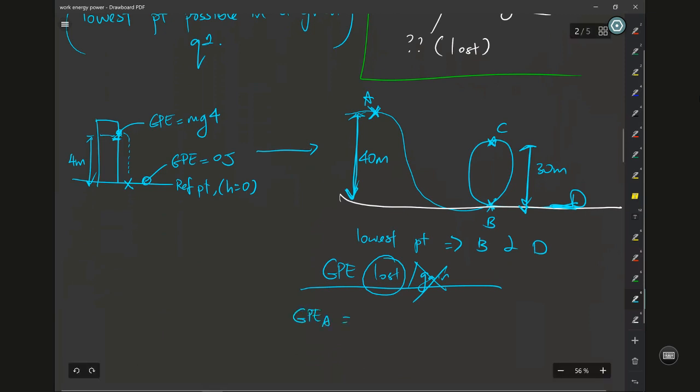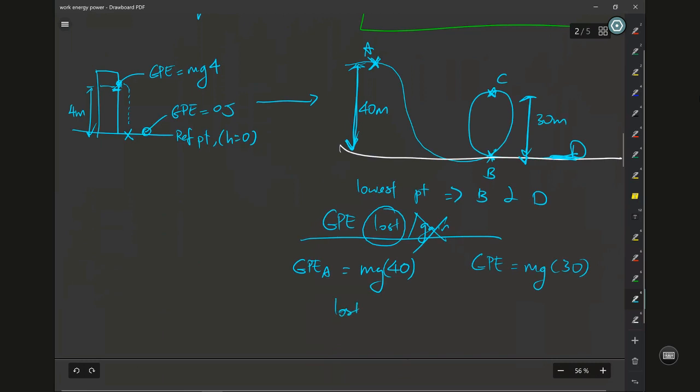The GPE at A is given by mg 40, and the GPE at C is given as mg 30. Now the loss is given by final minus initial, so it will be negative 10 mg. Of course, you don't have to write the negative, you can omit the negative.